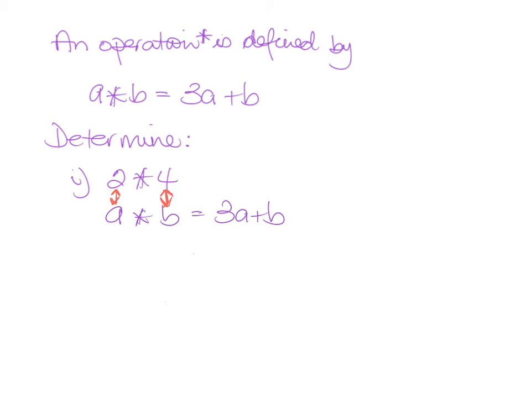So in other words, the first number is 2 and the second number is 4. So that means we're going to say 3 by 2, because A is lining up with the 2, plus B, which is 4. So we'll get 6 plus 4, which is equal to 10.